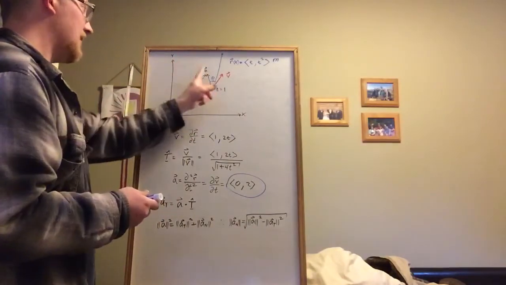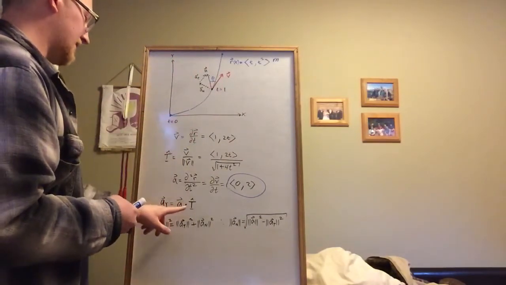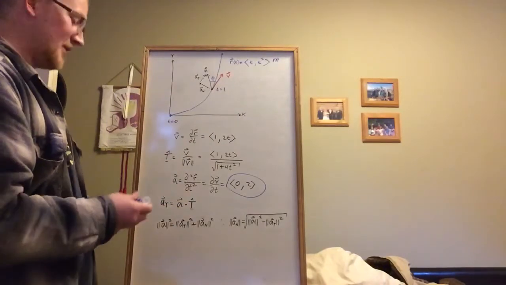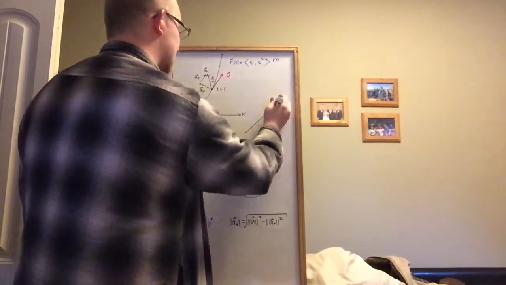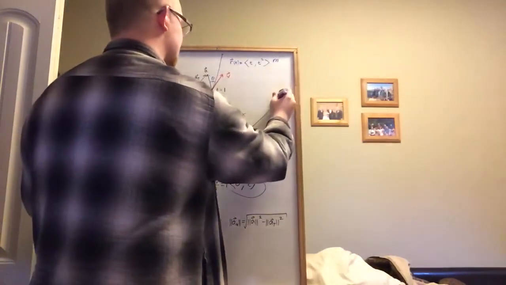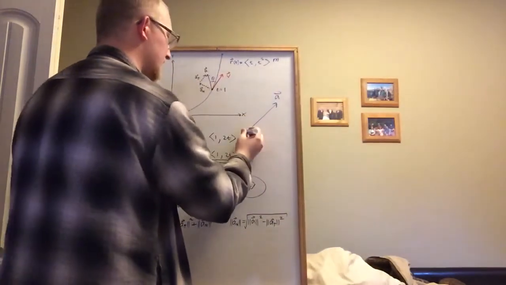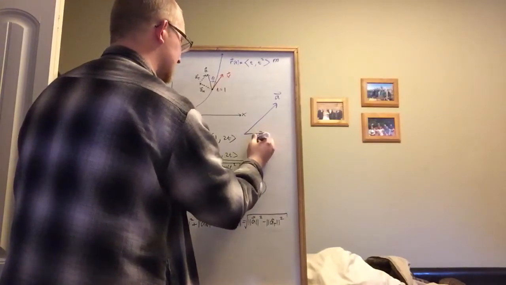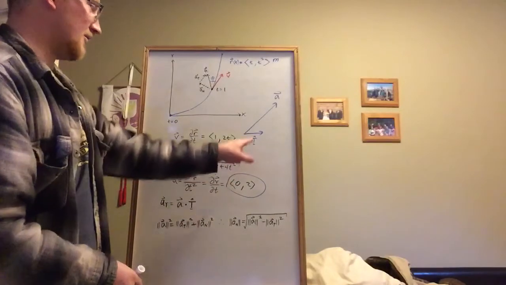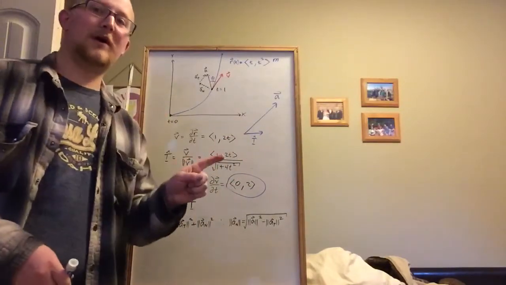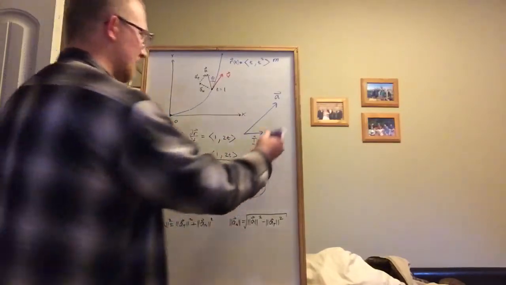Now if we do a dot product with the unit tangent vector, let's draw this in a different perspective. Let's say this is your total acceleration, and this is your unit tangent vector. Anything multiplied by 1 is the same thing.